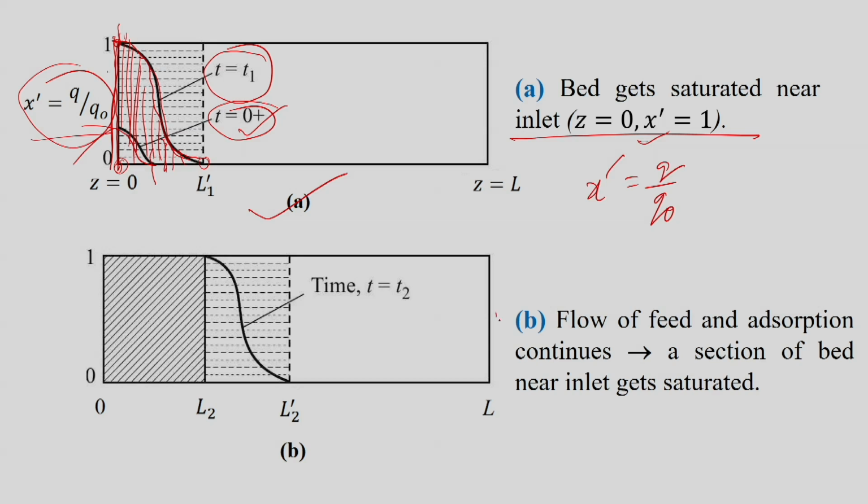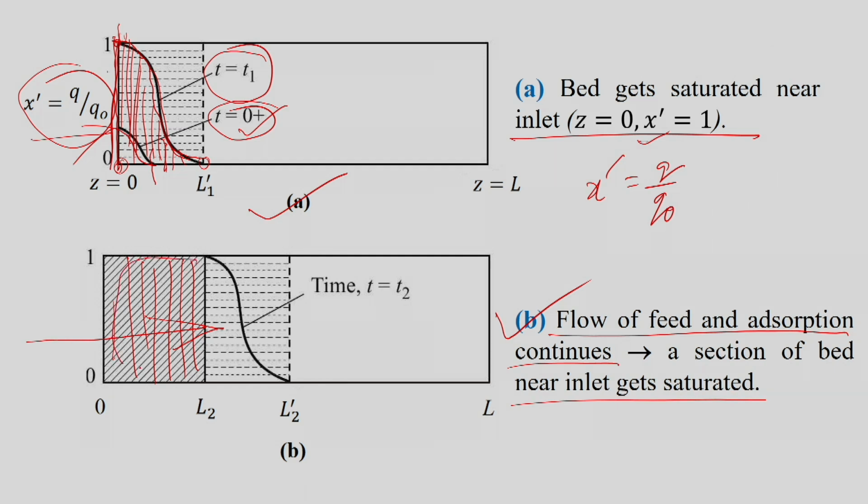In situation B, a huge amount of solute has already entered, and a considerable part is already saturated. Then the flow of the feed and the adsorption continues. A section of the bed near the inlet gets saturated.